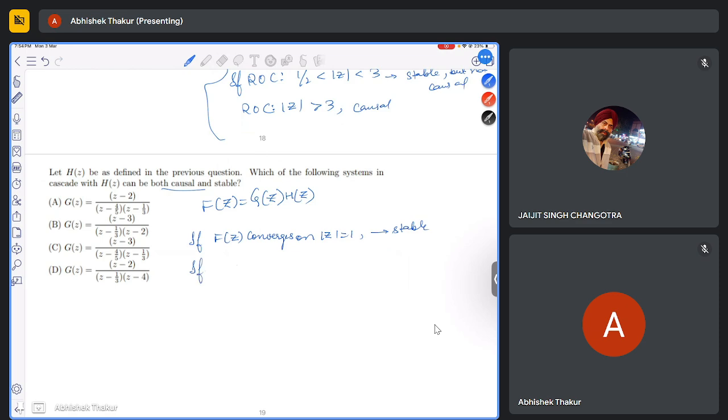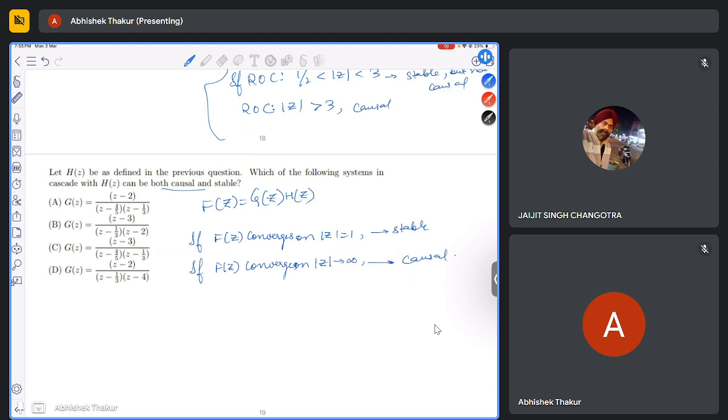If F(z) converges on z tends to infinity, then it is causal.